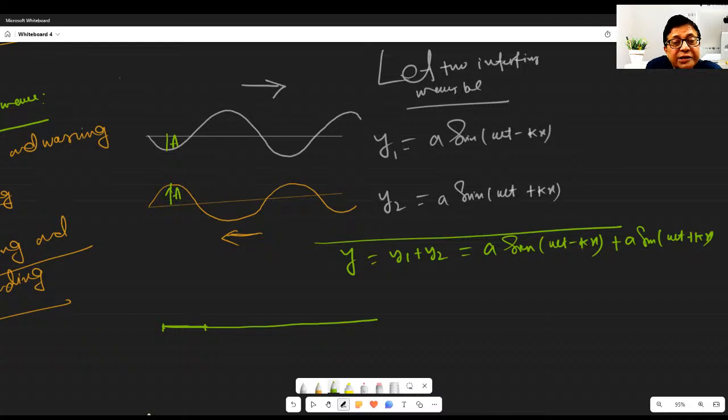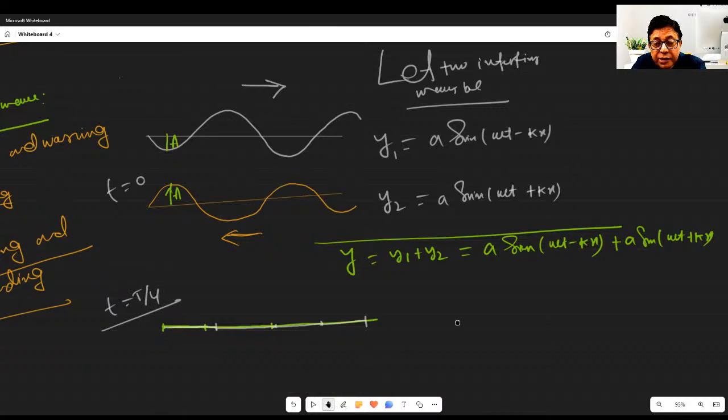So the resultant amplitude is going to be equal to zero forever. But this is when? This is when you have taken time t equal to 0. The next will happen at t equal to T by 4, when 1/4 of the time period is over.